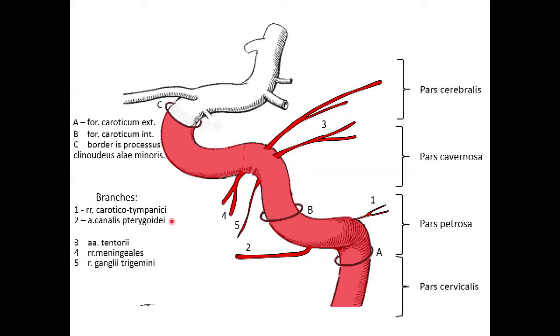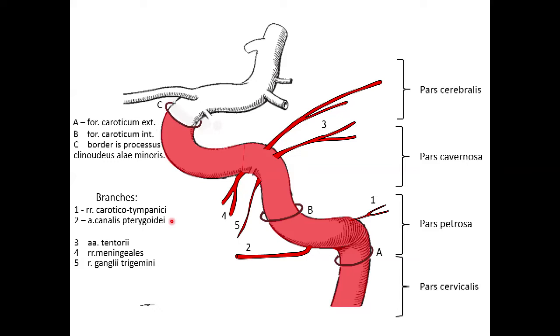Then number 5, Arteria or ramus ganglii trigeminalis. You remember that the trigeminal nerve has a large afferent, sensory ganglion, which, because it's quite large, needs to be supplied with arterial blood.